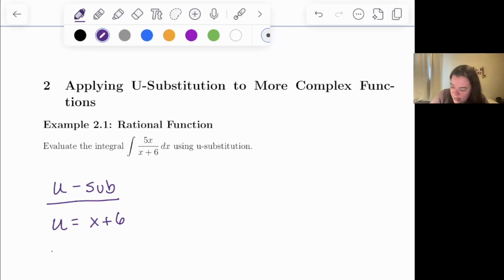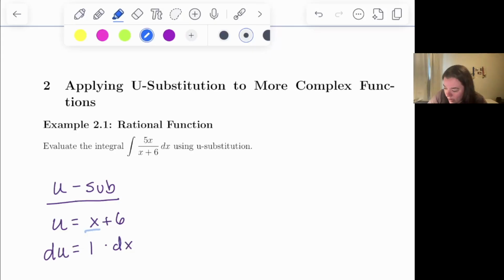Therefore, my du is going to equal, again, you don't get to pick that, take the derivative of x plus 6, which is 1, and then it gets a dx since you took the derivative with respect to x. So my u is equal to x plus 6. So here it is, let's underline it. X plus 6 is going to get replaced by u. My du is just equal to 1 dx, or in other words, dx. So my du is going to replace dx.